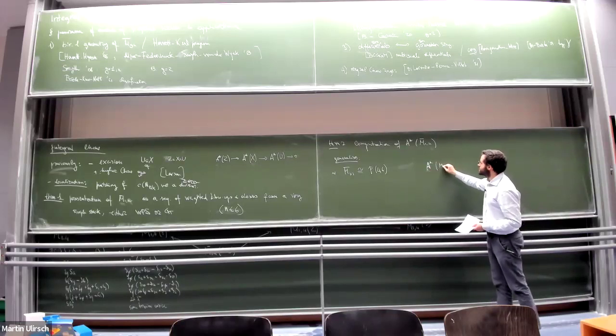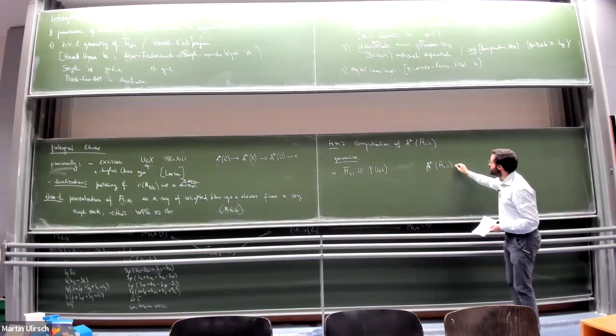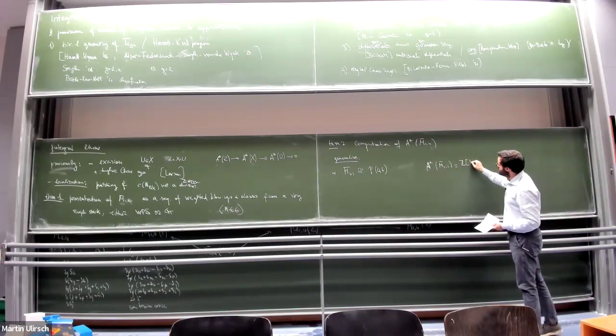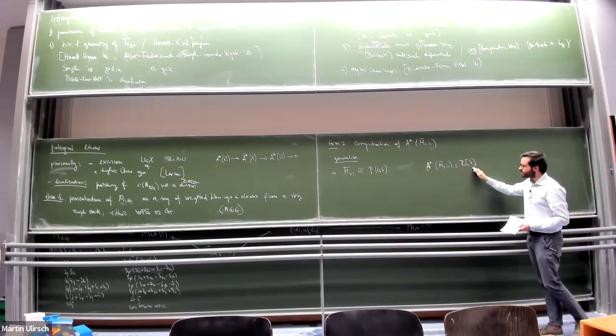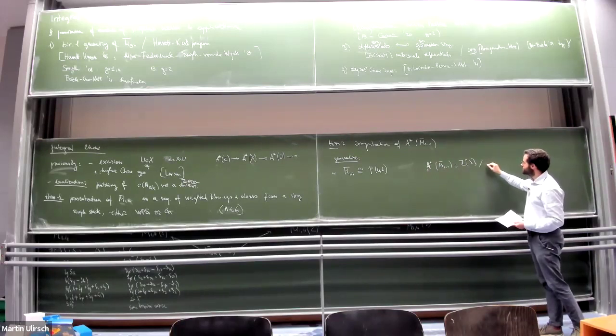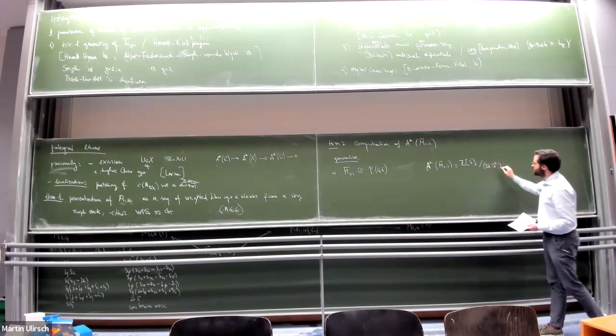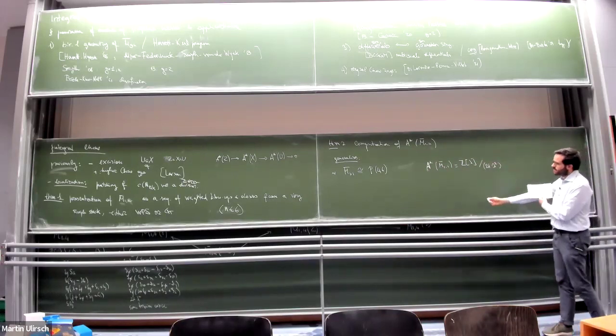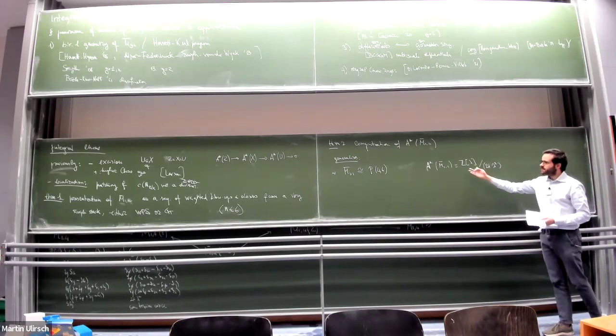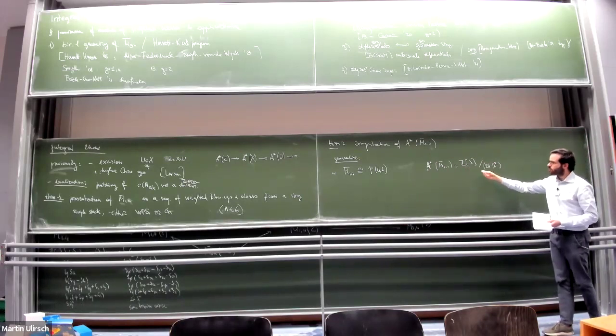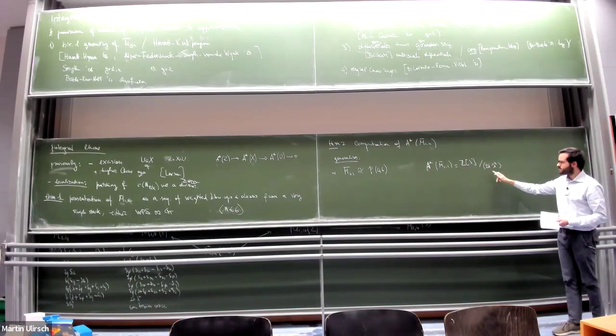That is the integral Chow ring of M11 bar, which is a polynomial ring in the lambda class with the relation of 24 lambda squared. Already here you see that if you look at integral Chow rings instead, you get some more information.